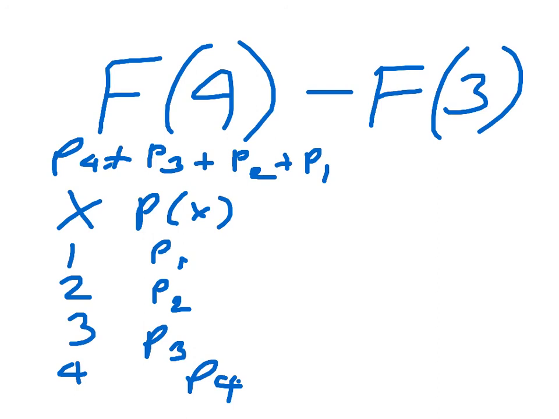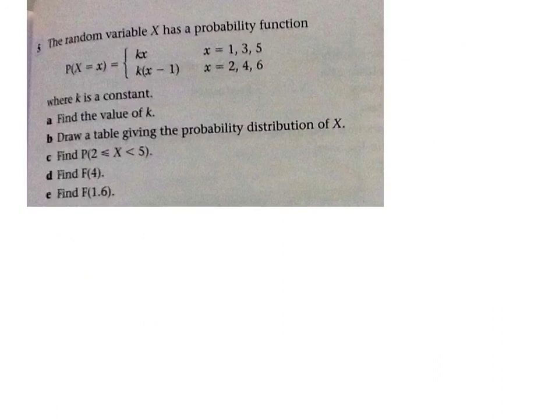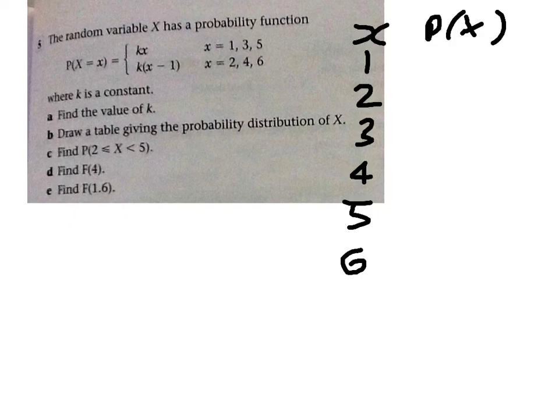Right, so with this question, we'll write out the distribution and find the value of k to start with. For 1, 3, and 5, it's simply kx, which gives us k, 3k, and 5k against those numbers. Then it is a different formula for the even numbers.